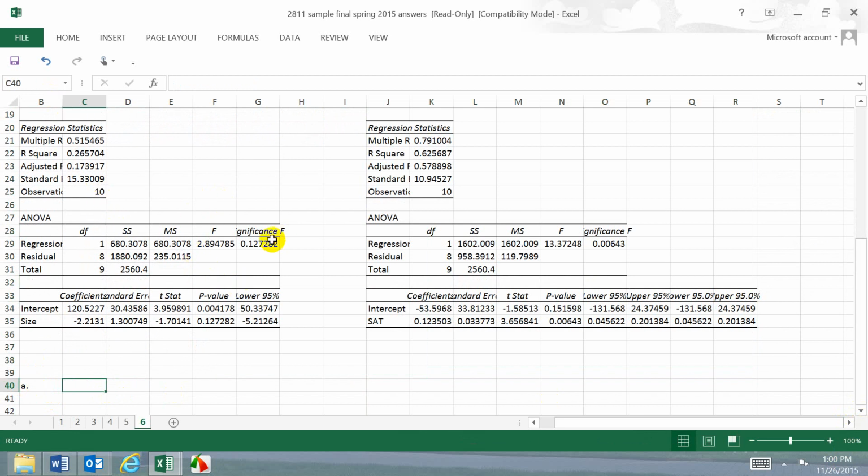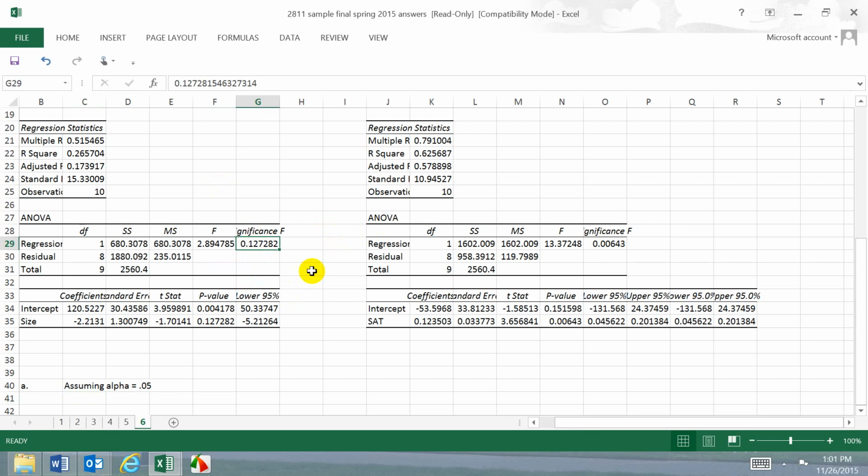So, this one with size, assuming alpha is equal to 0.05, the first regression, the one using size as the independent variable, is not significant because the overall significance, or the overall p-value of the regression, is 0.12, which is greater than alpha, and therefore this regression is not significant.